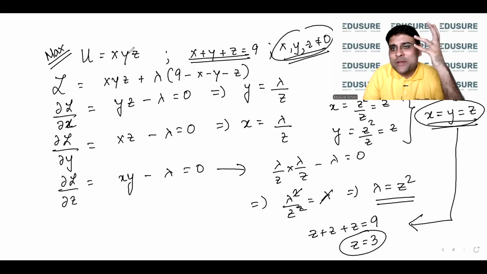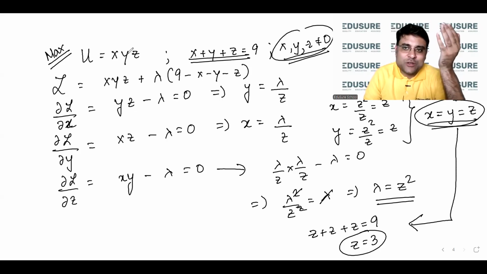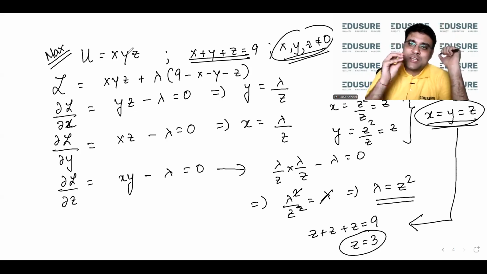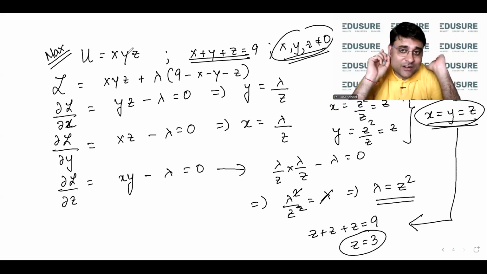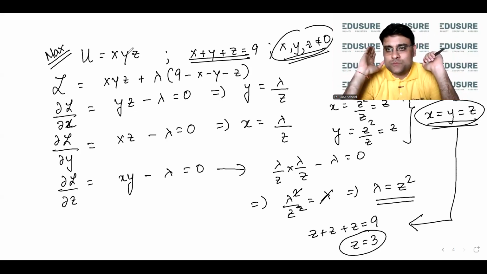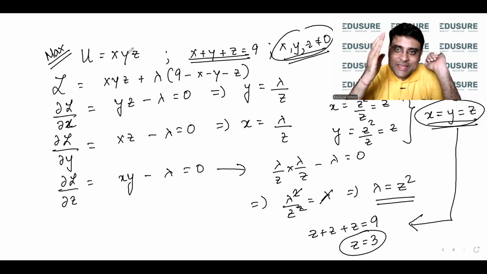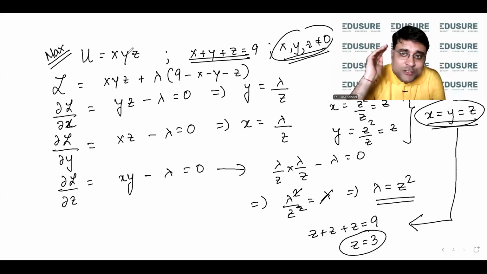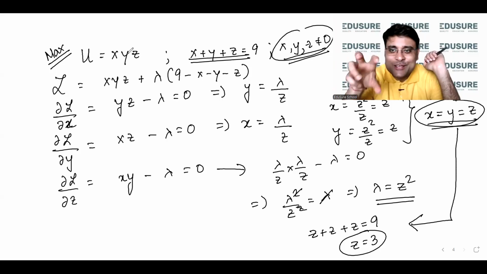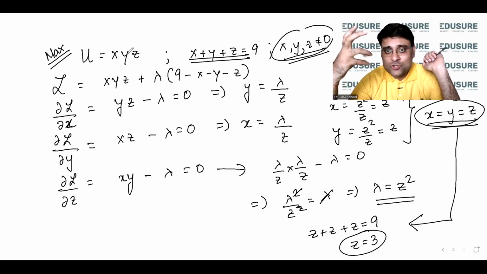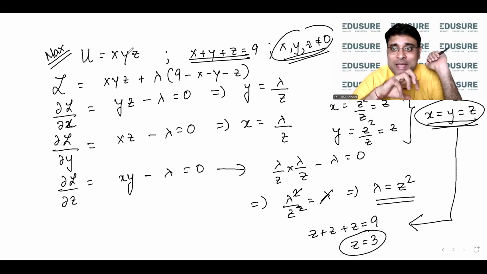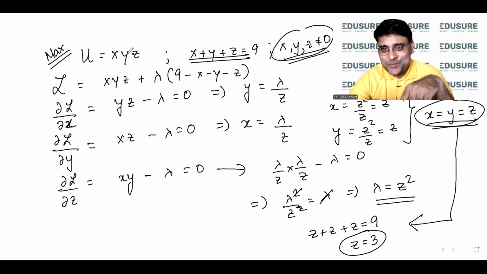Then it won't make any sense. The utility itself is equal to 0. So I should give some weightage to x, y, and z. All of them cannot be equal to 0. Each one of them cannot be equal to 0. So x, y, and z are all non-zeros. That is why this entire thing is working. ये intrinsically in the background चल रहा था, जो अगर आपने notice नहीं किया, मैं आपको ये notice करवा रहा हूं कि यहां पर x, y and z are all not equal to 0.